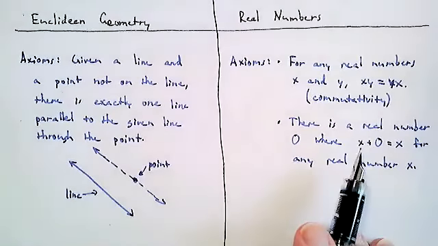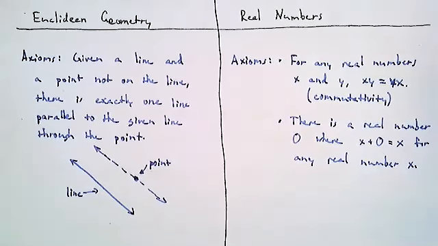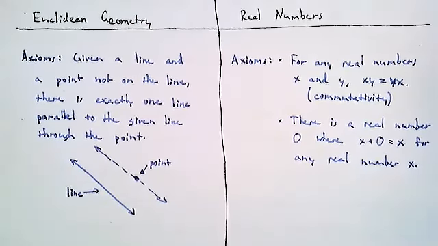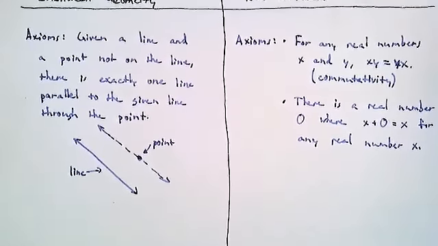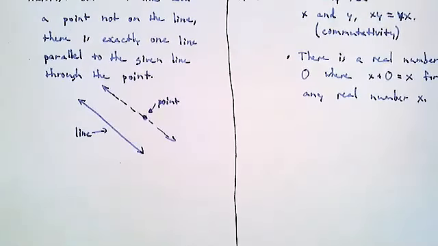So if you add 0 to a number, you don't do anything. That's one of the axioms. Okay, so all of those axioms should be familiar.